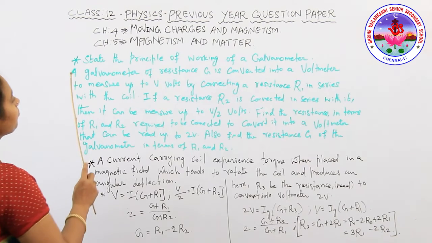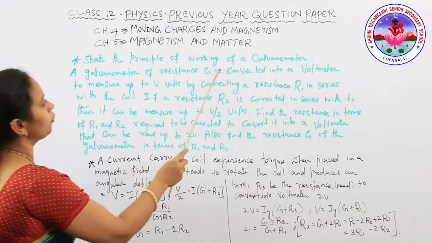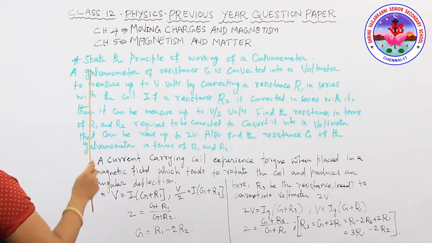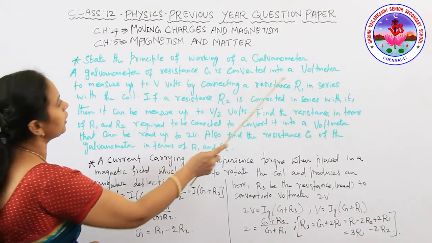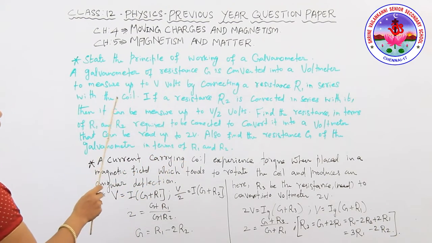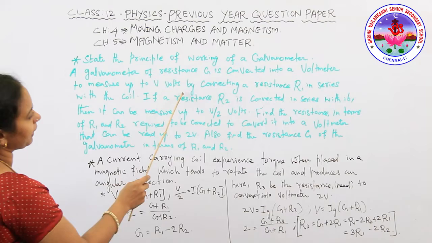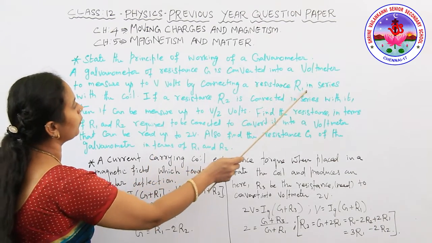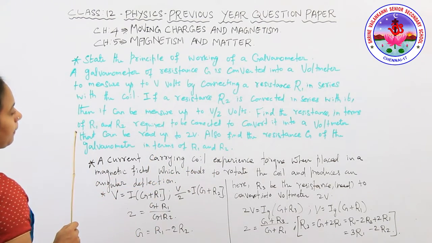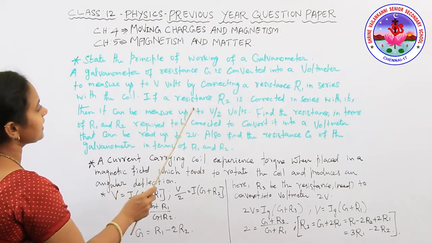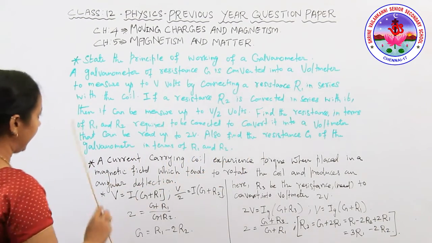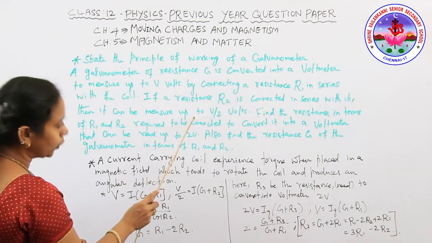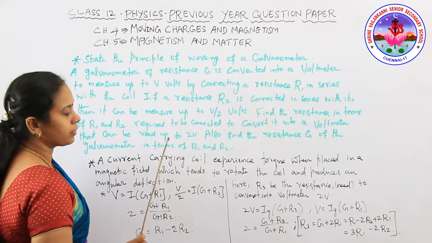Next question. State the principle of working of a galvanometer. The subdivision of the question: a galvanometer of resistance G is converted into a voltmeter to measure up to V volts by connecting a resistance R1 in series with the coil. If a resistance R2 is connected in series with it, then it can measure up to V by 2 volts, right?